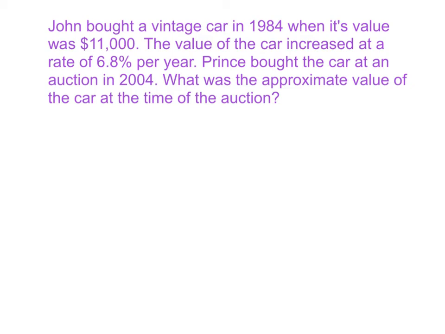All right, so let's start by writing our equation. Y equals, go ahead and put A as the original value here, times 1 plus the rate, raised to the t power. So y equals the original amount of the car.